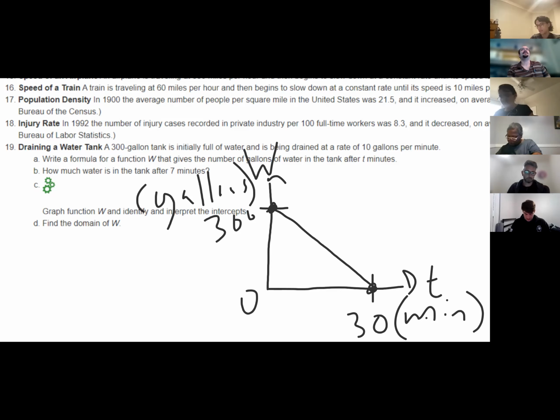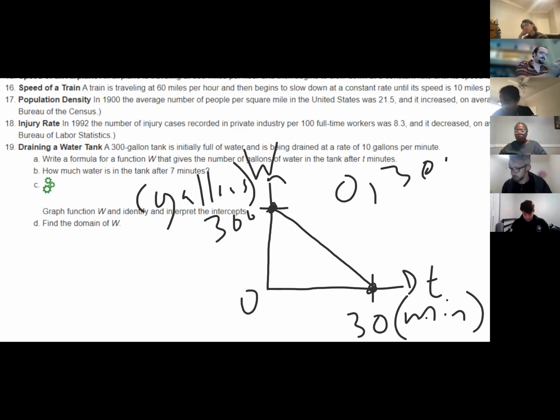And it says identify and interpret the intercepts. So I kind of said it. I'm going to say it one more time. I'm probably not going to write it out, but you should definitely write it out. The intercepts, right? The (0, 300) would be my y-intercept. What does that mean? That means at time 0, I have 300 gallons.